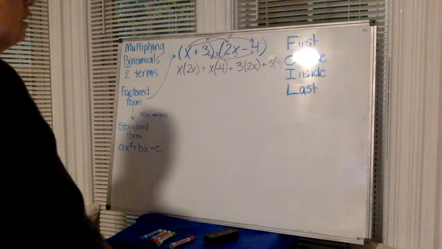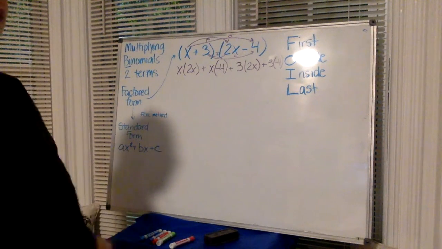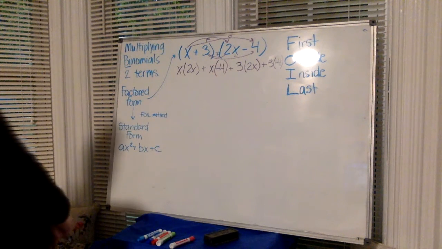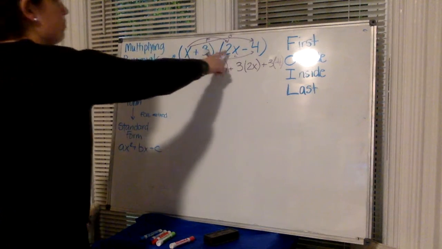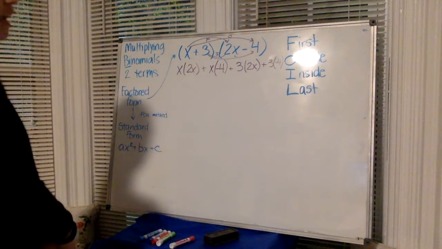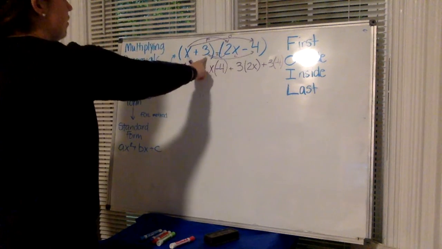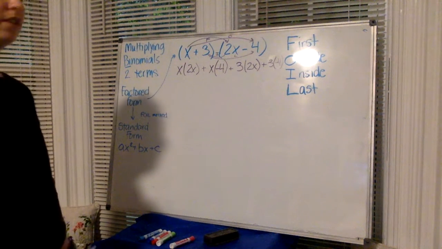But that is one method to make sure you're hitting everything. What we can see happening here is that this x has been multiplied by both terms inside the second expression, and this 3 was multiplied by both terms inside the second expression.